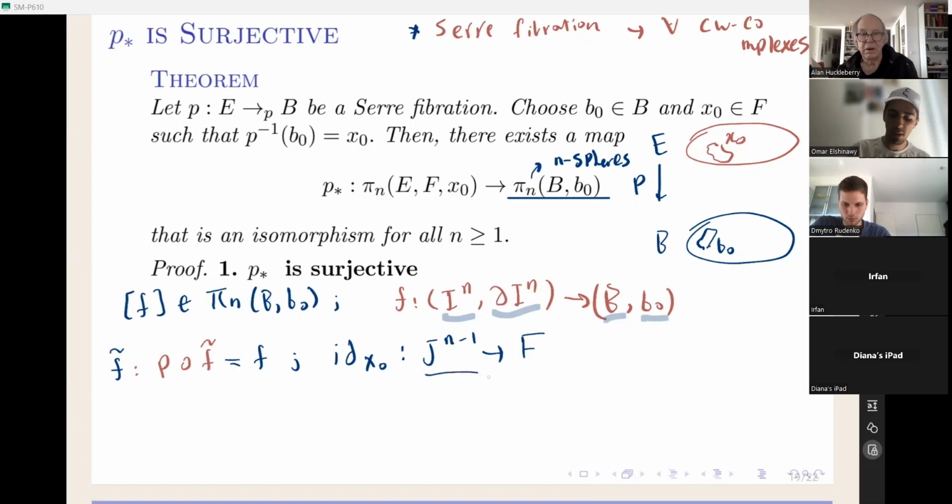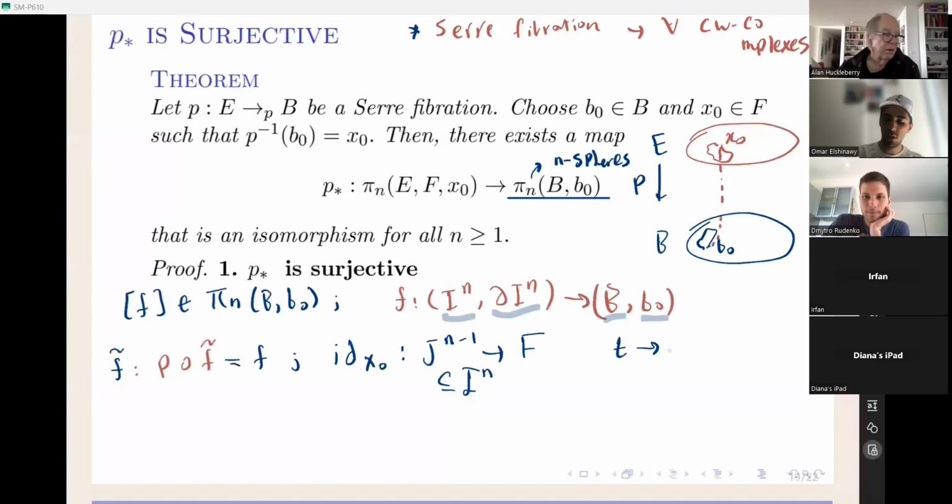It's a map from a subset of I to the n, and it maps into F. And here's the catch. Do you see it? All the arguments of this function will just get mapped to X naught.